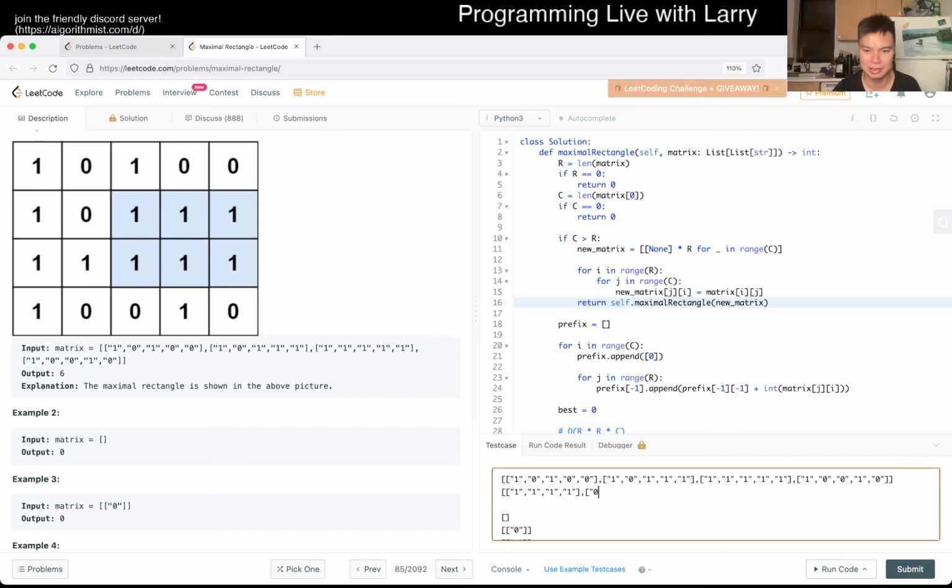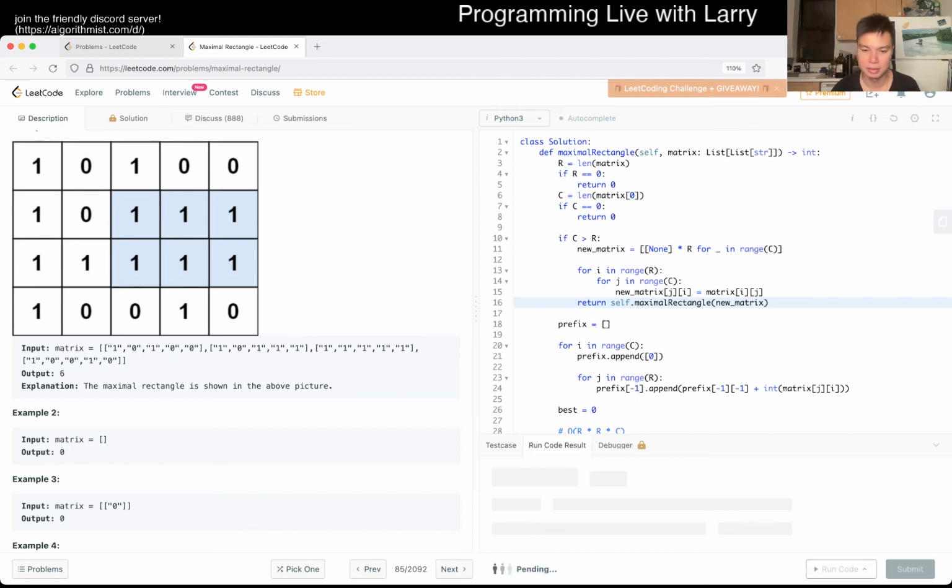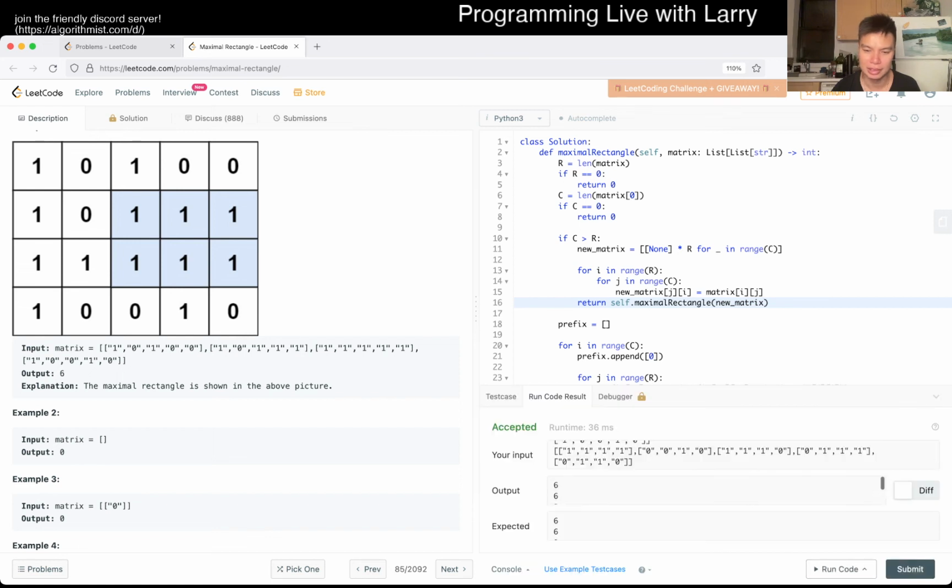Because as long as it's right, it doesn't have to be exactly the same, though. Okay, so that still looks good.